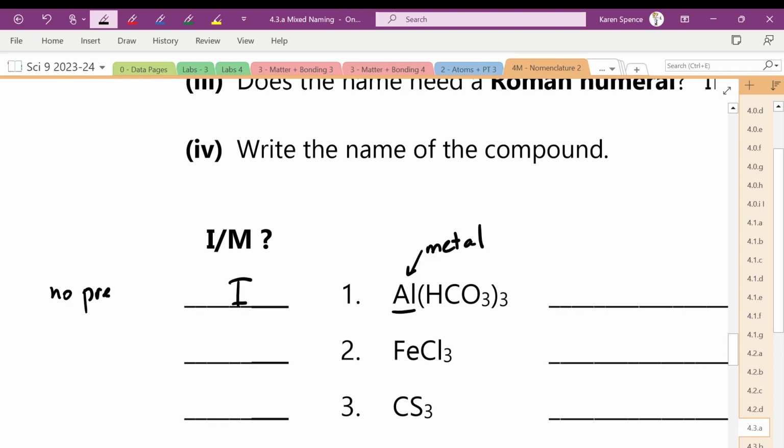To remind ourselves, does it need a Roman numeral? Is aluminum in the red zone? Go look at your periodic table. Is aluminum in the red zone? No, so it needs no Roman numeral. So what would you name this thing?